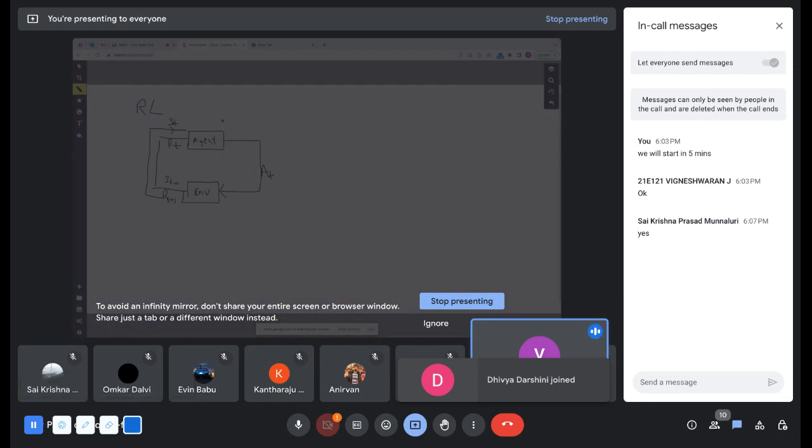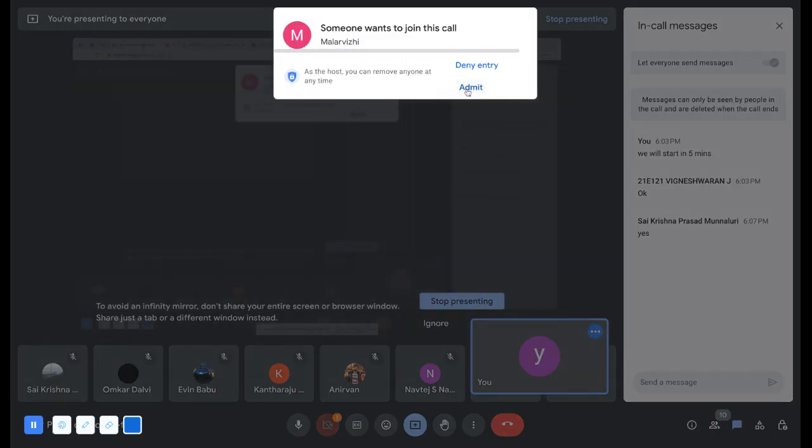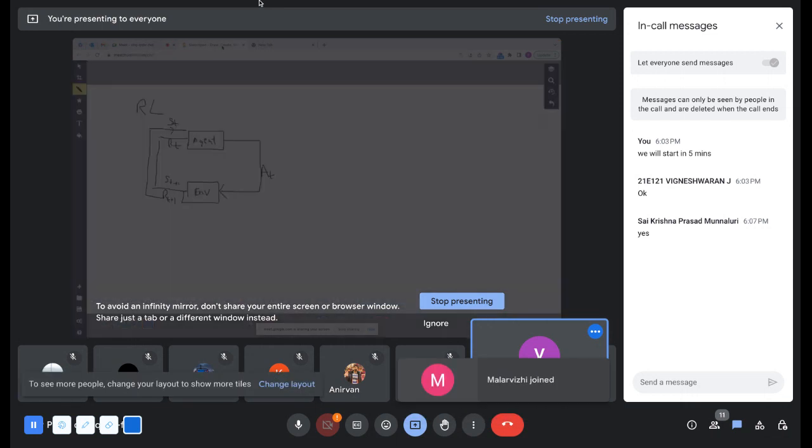This is very different from your conventional supervised, unsupervised, semi-supervised, or self-supervised learning. This is totally different. The agent keeps interacting with the environment based on what it receives as input.